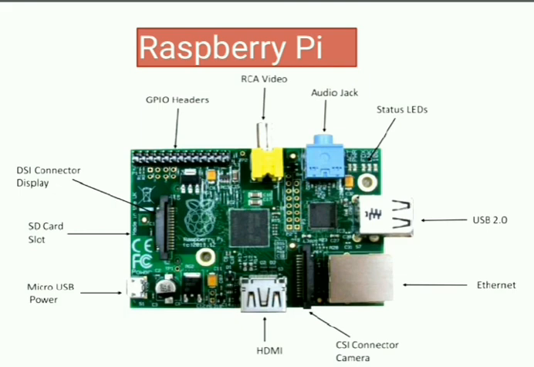You can see in this picture it includes USB ports, Ethernet ports, HDMI output, composite video output, audio output, GPIO pins, DSI, that is display serial interface, camera serial interface, status LEDs, SD card slot and power output. So these are the important components of Raspberry Pi. The Raspberry Pi board includes all these components, each having a special purpose as well as a special role.